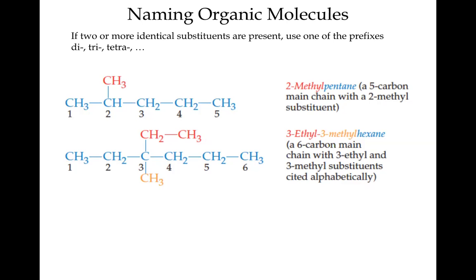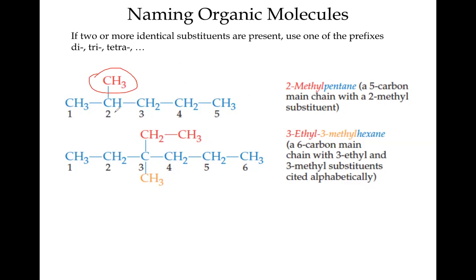Now, if we have more than one group, of course, then we have to write that out. So in the first one, we have just one methyl. If we had more than one substituent of the same type, so if we had two methyls on a molecule, it would be dimethyl, or 3 would be tri, etc. Okay, in this case, there's just one methyl group, and it's on the second carbon.